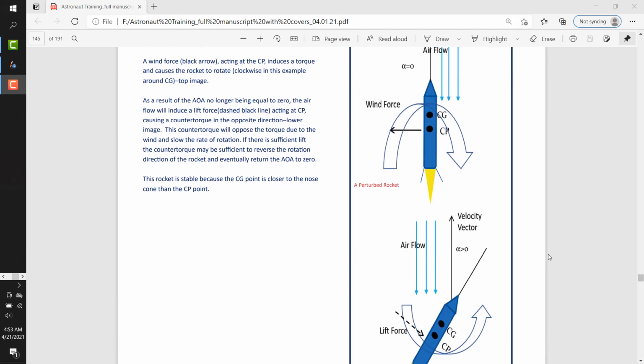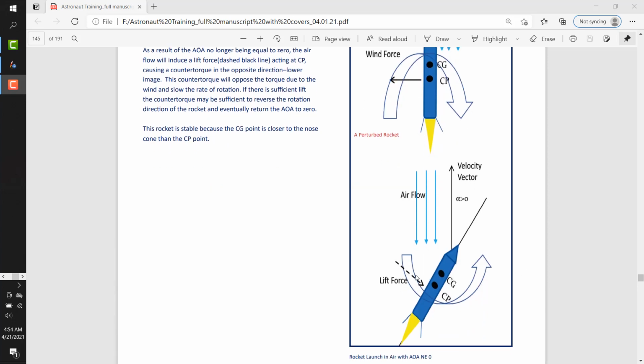Okay, so as a result of this wind force, the angle of attack is no longer equal to 0. The airflow will induce a lift force, the black dashed line, and it also acts at the center of pressure, causing a counter torque in the opposite direction. Okay, so this counter torque is going to cause the rocket to rotate back in the other direction.